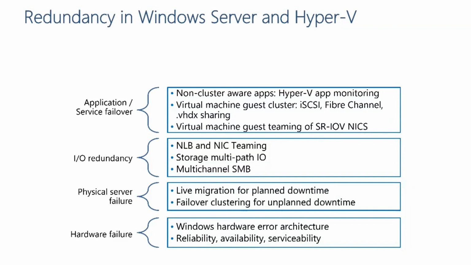Remember we were talking about that last week? There's also virtual machine guest teaming, so with virtual machines, they can work as a team. And there are SR-IOV NICs, which are those specialized network cards.